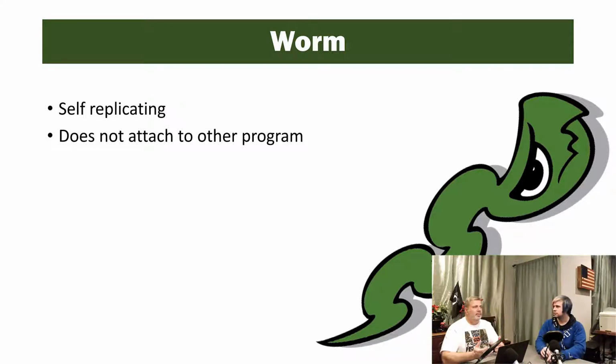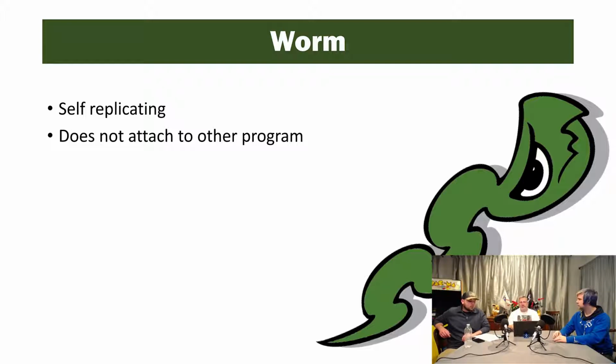Well, think about it. Each of these three is really a delivery mechanism. The worm's delivery mechanism is going to carry a destructive payload, but it doesn't need the user to click anything. It needs a vulnerability. A lot of times it'll be an open port, or, as we might talk about, SQL Slammer.